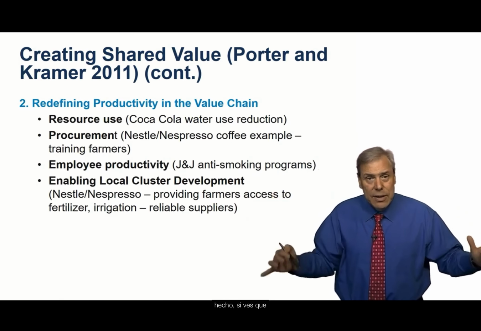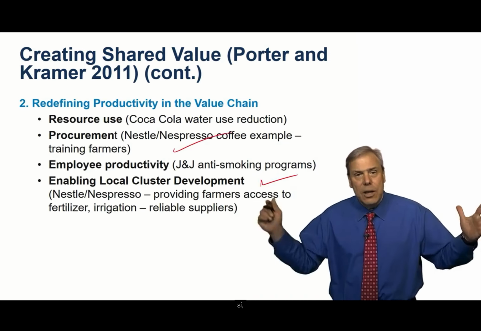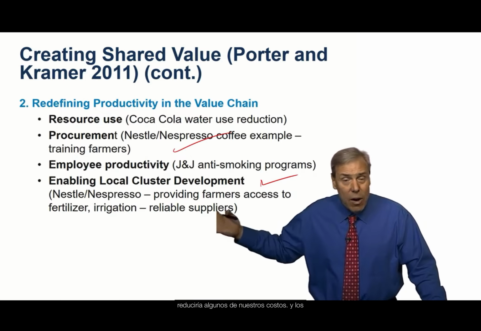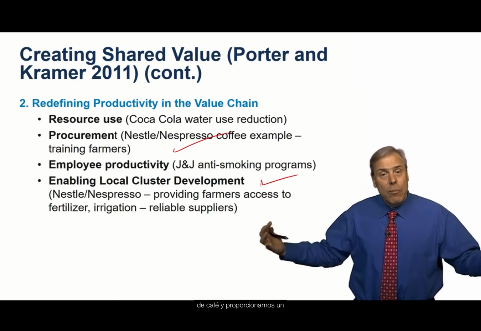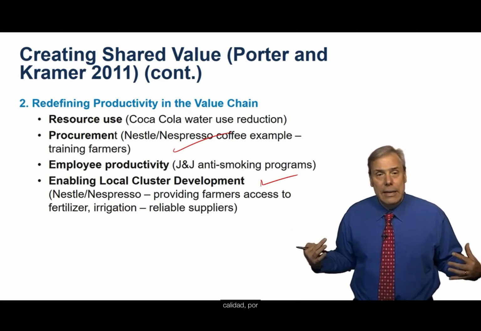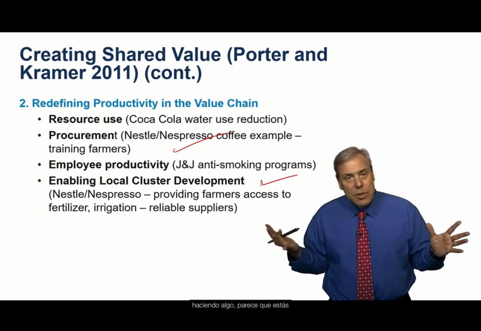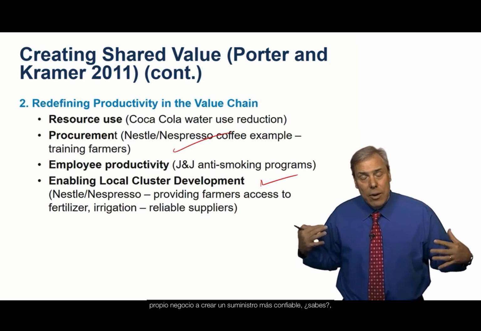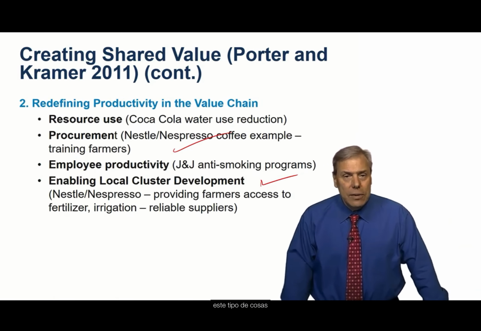And if you see down there, another aspect of this, enabling clusters of farmers to share their knowledge with each other, would reduce some of our costs and the farmers' costs and provide a more ample supply of coffee and a more reliable supplier, more steady and high quality coffee beans to us. So the idea was that it seems like you're spending money to help these poor farmers, but actually it's helping your own business, creating a more reliable supply.